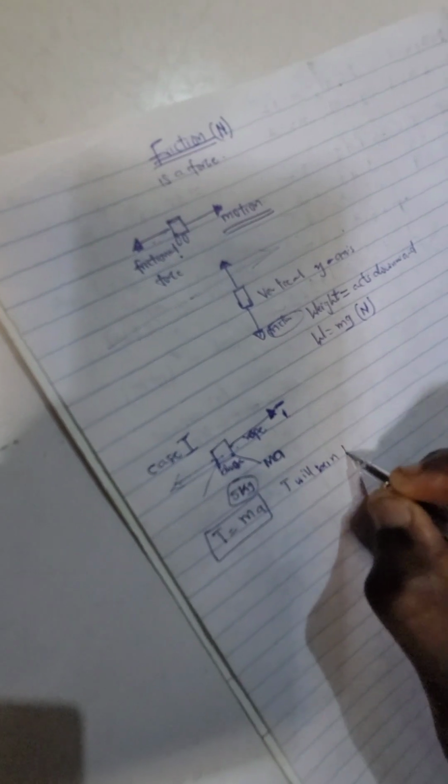If there is no frictional force here, it means that T will be equal to ma. Also, tension is in Newton.